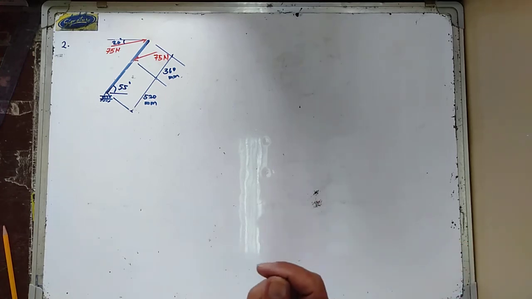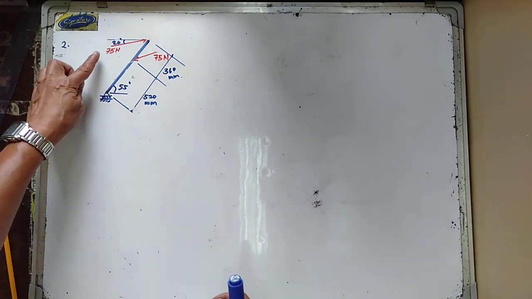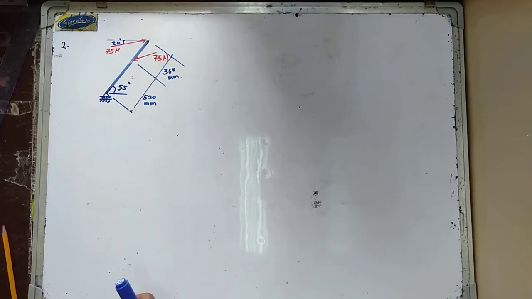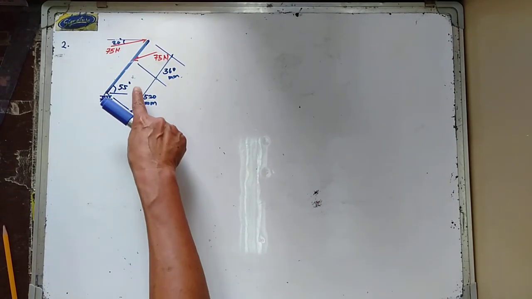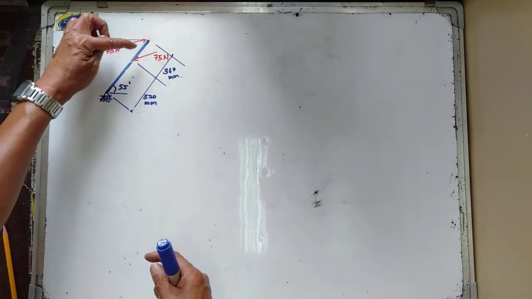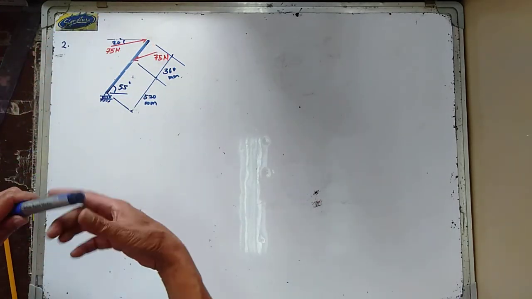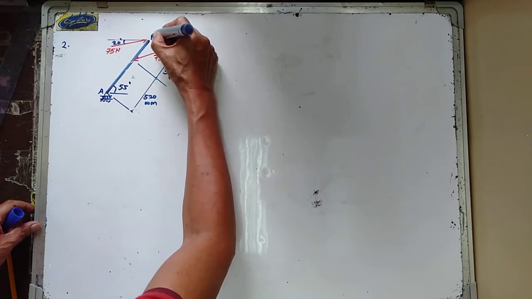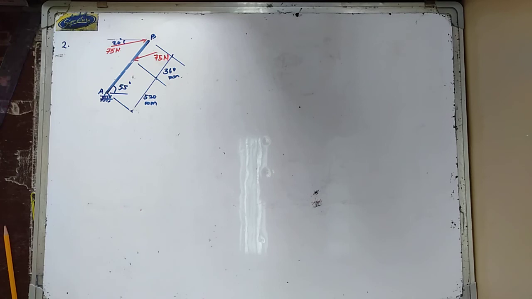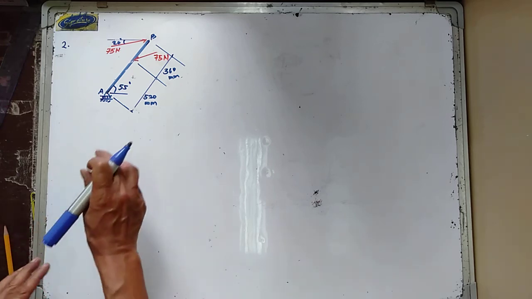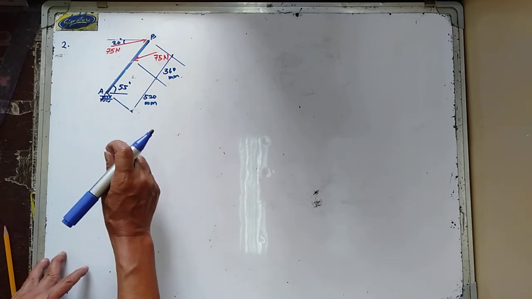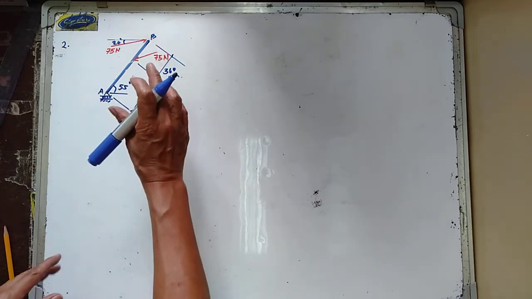Problem number 2. 75 Newton parallel forces are applied to a lever shown. So this is now your lever, lever A, B. Determine the moment of the couple formed by the two forces.